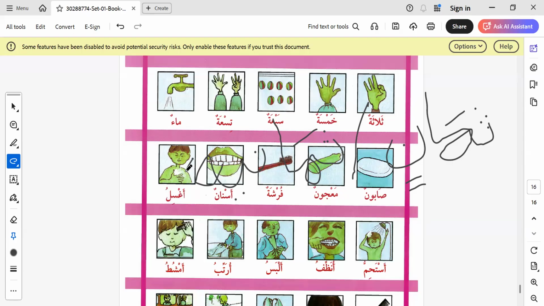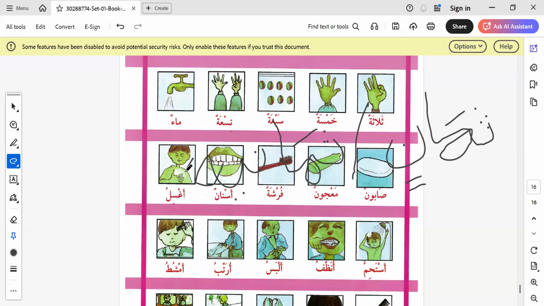ثمانية. It has that kasra because it's a kind of noun that is called manqus. We have maqsur and manqus.